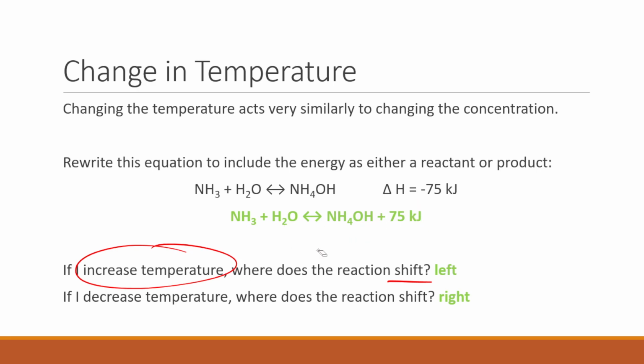If you take away something from the right side of the equation, the equilibrium will shift towards the right side, to try to fix the hole that you have created by taking out a piece. It's all about making sure that the equilibrium has the chance to right itself, to fix itself.